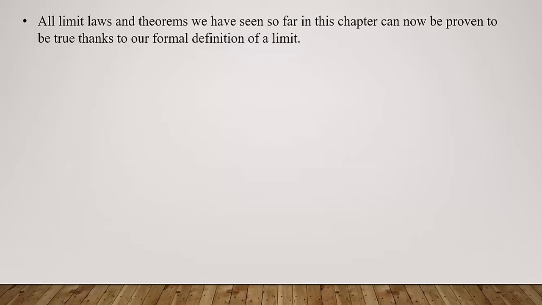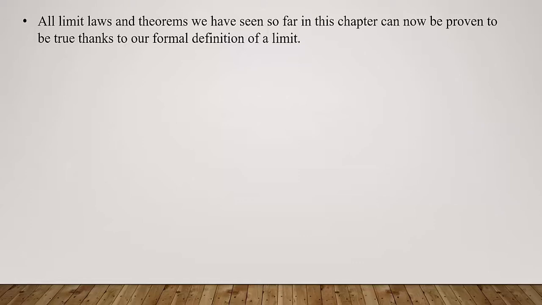You know all those limit laws and limit theorems that we've seen so far in this chapter? All of them can be proven to be true thanks to the formal definition of a limit. We couldn't prove them to be true without this formal definition of a limit.